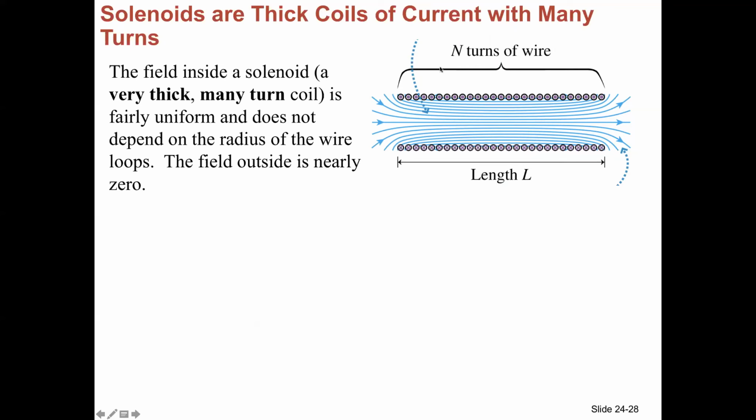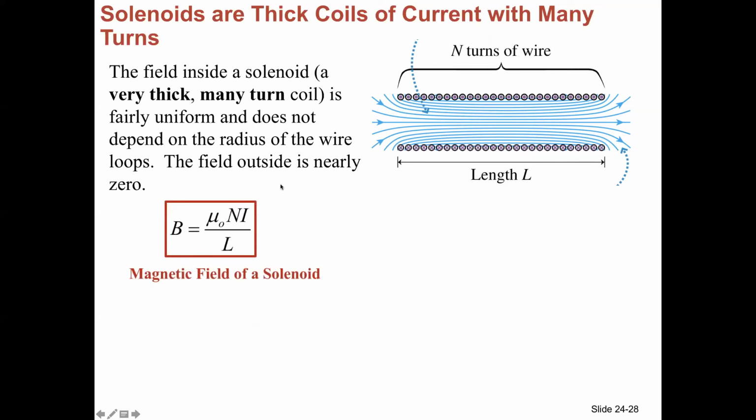All it depends on is the number of loops you have and the total length of the stack. So here, this would be the last formula for today, which is the magnetic field of a solenoid, or a very thick many-turn coil.